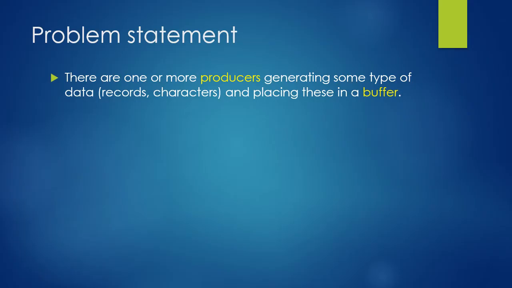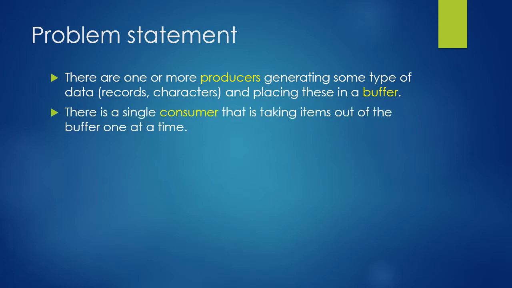Problem statement. There are one or more producers generating some type of data, records or characters, and placing these in a buffer. There is a single consumer that is taking items out of the buffer one at a time. The system is to be constrained to prevent the overlap of buffer operations.